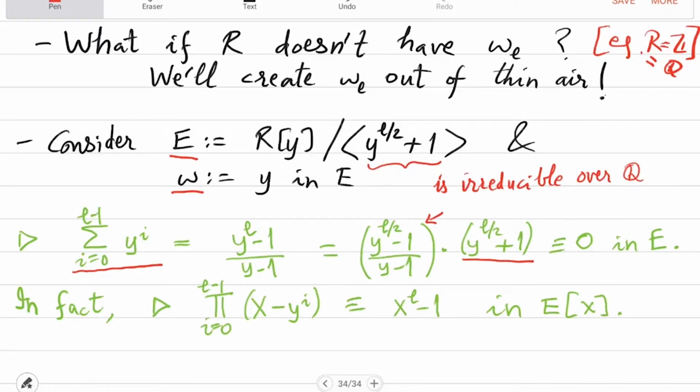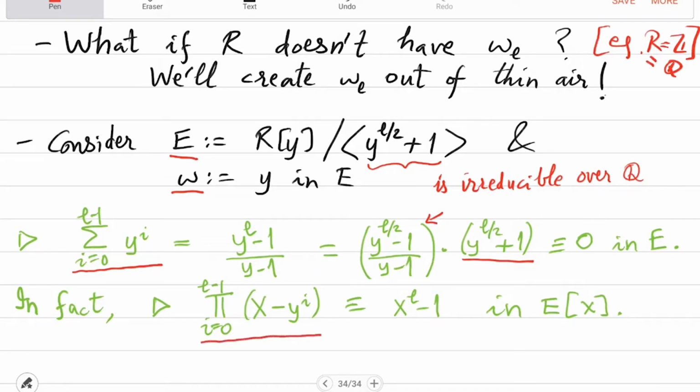Would this be true if you went mod y to the L minus 1? No, because then the first equality itself will be a problem. So this is the major reason why we have picked the modulus like this. And in fact, you can even work this out.